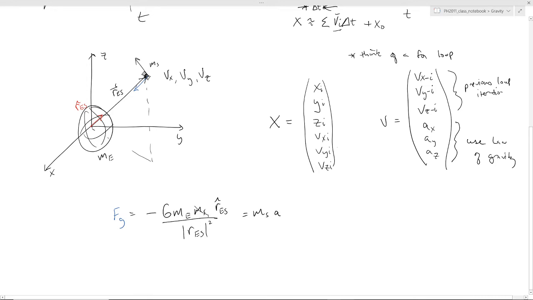We can divide out that factor of the satellite's mass. Now, being a little more careful about our vector notation, this acceleration will be given by negative GM over that distance squared times the unit vector.